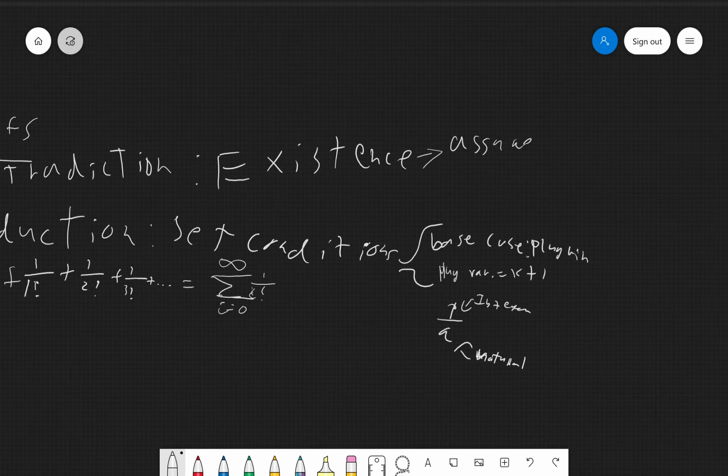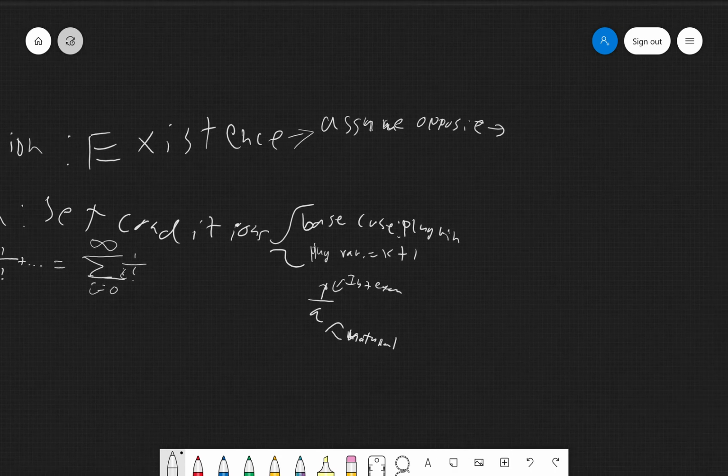That's why it's only for existence, because then there's an opposite. If you're proving some formula, then you can't, because there's no opposite. Inverses do not count. So assume the opposite, and then you prove that this is false or impossible. You're going to see what I mean when I do the proof.